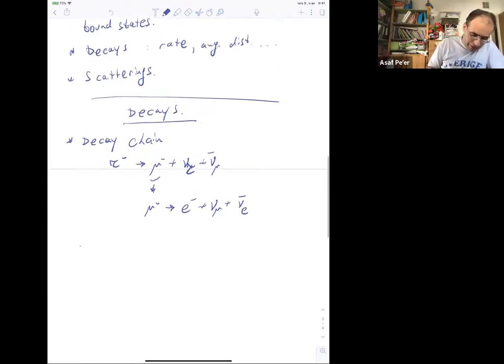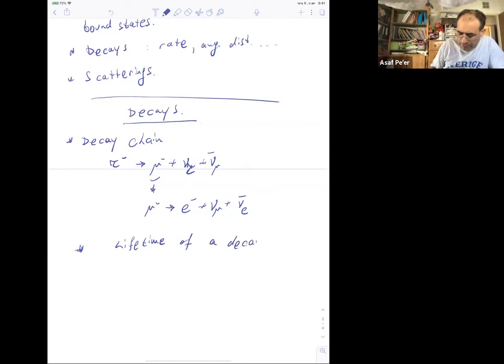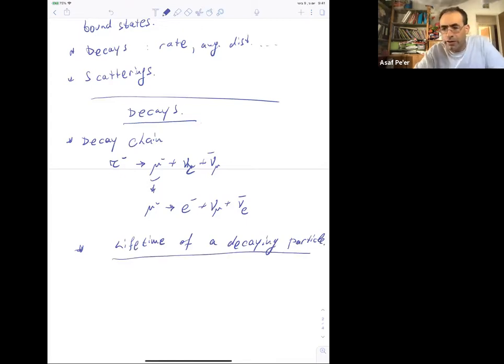Now the next thing I want to mention, a small derivation, is the lifetime of a decaying particle. In fact, this is something that we want to calculate, or something which we measure. But what does it mean? When you think of it, every particle decays once, and then it disappears.